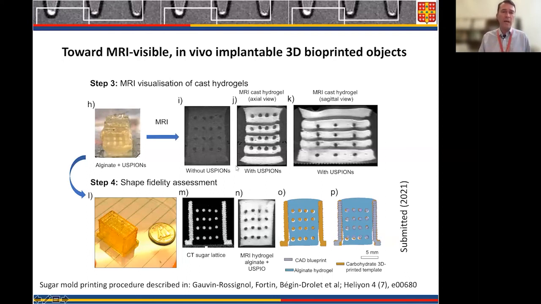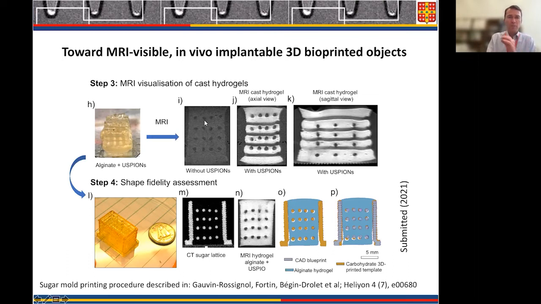The problem we had for using MRI as a measurement and assessment technique was that before you use iron oxide nanoparticles or ultra-small iron oxide nanoparticles, you don't clearly see the hydrogels. Remember, a hydrogel is 98–99% water and a very, very limited fraction of polymer. So there's not really enough to exacerbate the contrast between the hydrogel and the porosity.